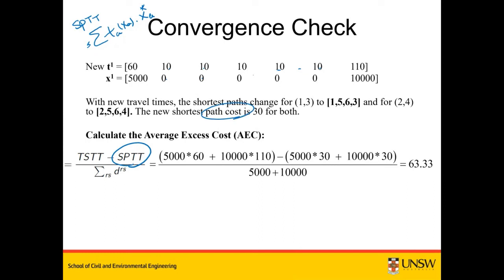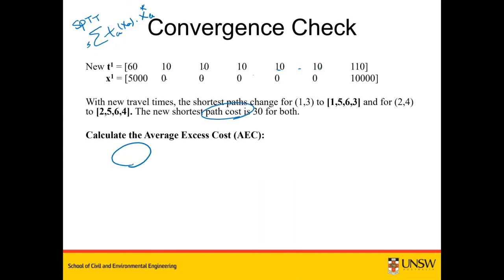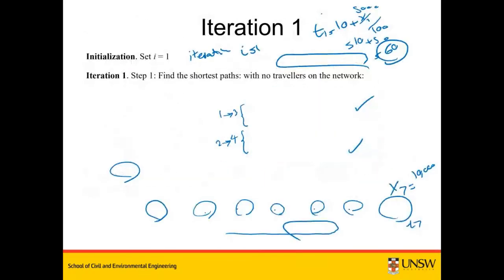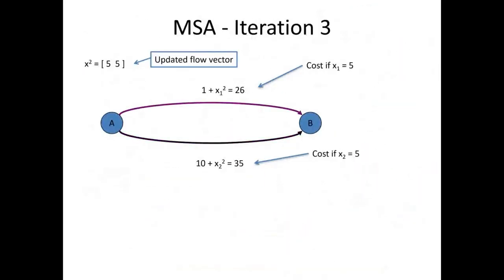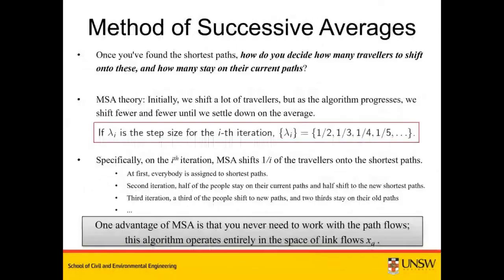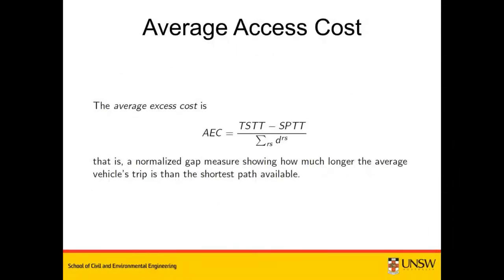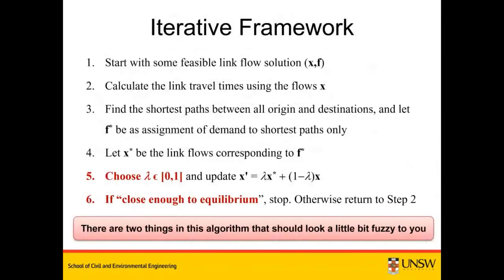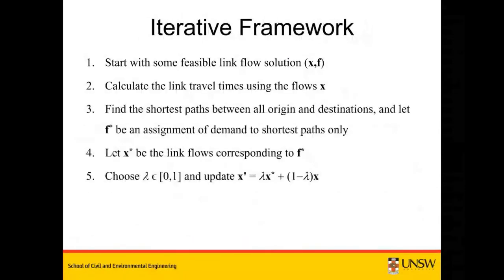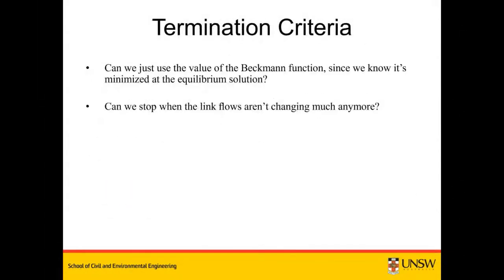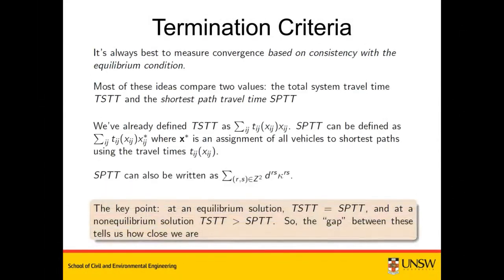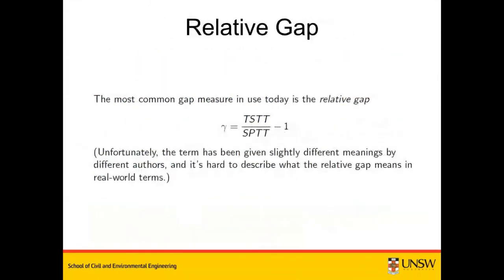That would be the new path cost. Let me go back to the original SPTT formula just to make sure we're working with the right formula here. SPTT, where is SPTT? Yes, okay. So X star is the assignment of all vehicles to the shortest path using the travel time Tij, okay?